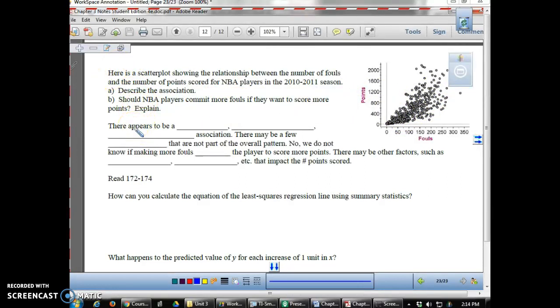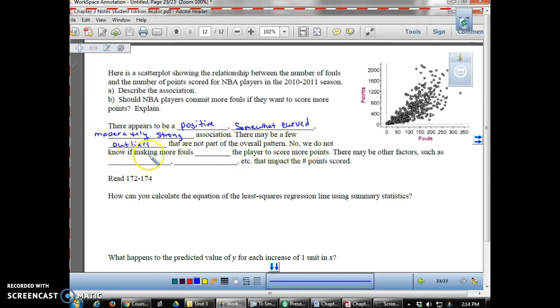So there appears to be a positive, somewhat curved, you can kind of see it curves up something like this, basically, moderately strong association. There may be a few outliers that are not part of the overall pattern.